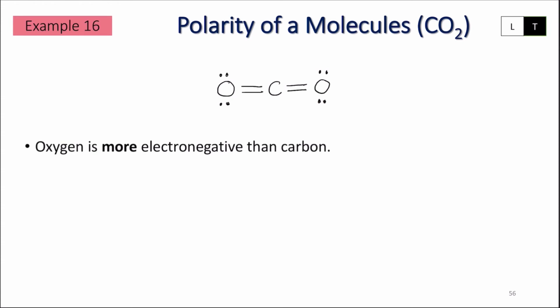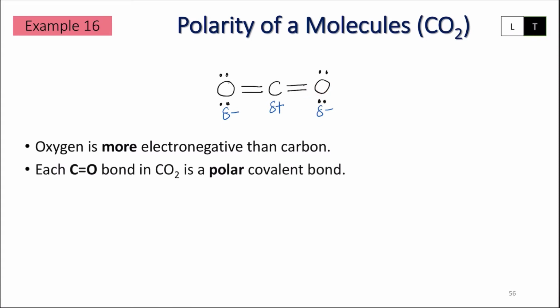That is why saya akan label carbon electropositive, oxygen electronegative, both terminal atoms. I can identify that C double bond O bond in CO2 is polar covalent bond because you can see that difference in electronegativity, ada partial positive, partial negative.